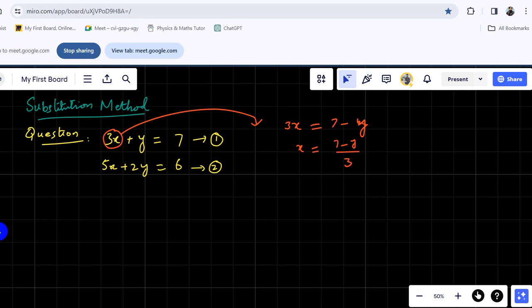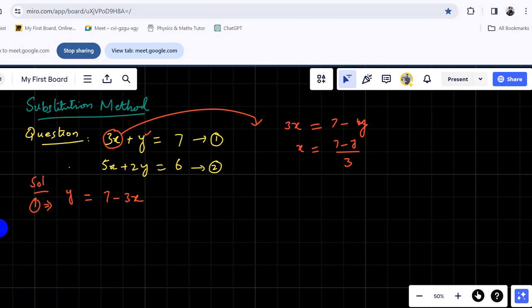We can make x the subject of the formula. But why I'm saying that preferably we should target y. See here. If I make y the subject of the formula, then equation 1 will be y equals to 7 minus 3x.